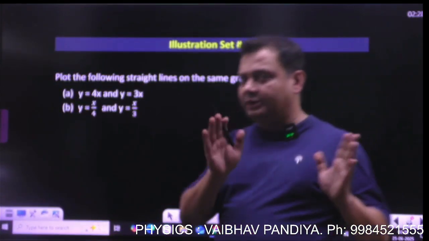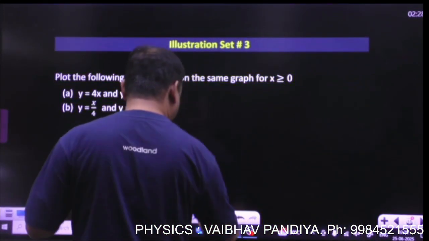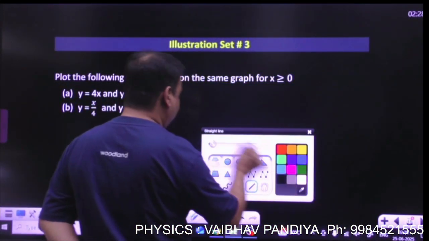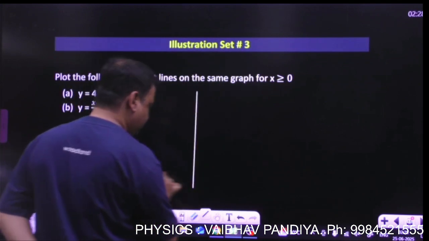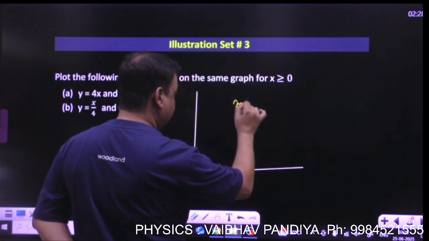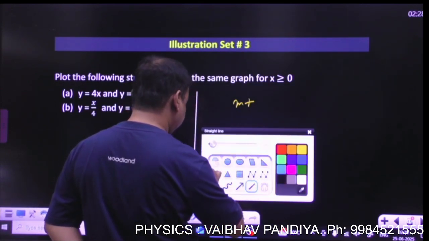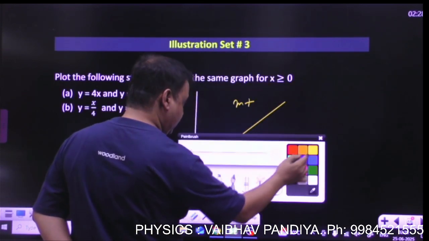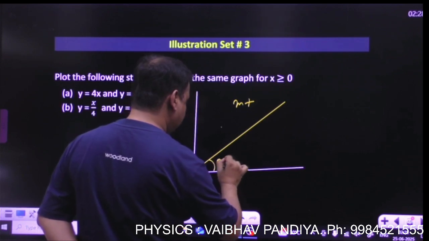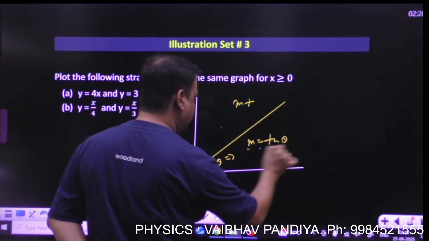Okay, now let's see one important thing. If you want to make two graphs on the same figure, you know when the slope is positive, the graph goes upward, correct? And this angle denotes the slope. m is equal to tan theta.